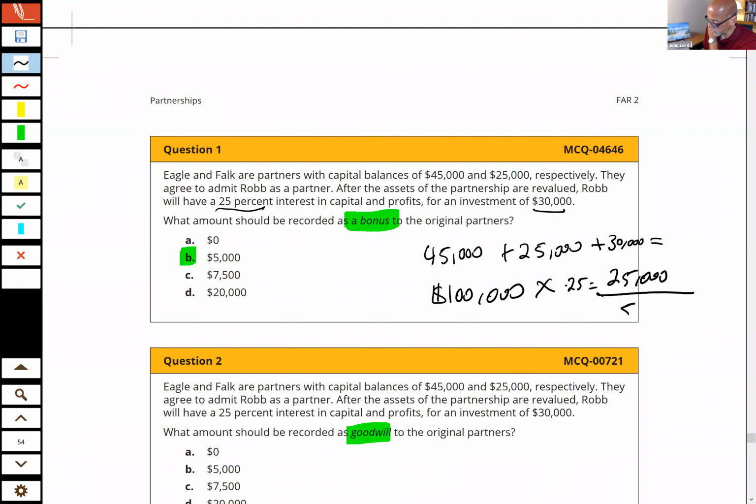So Rob is paying a what? $5,000 bonus to the other two partners. Okay. Did I say $25,000 bonus? A $5,000 bonus. Okay.